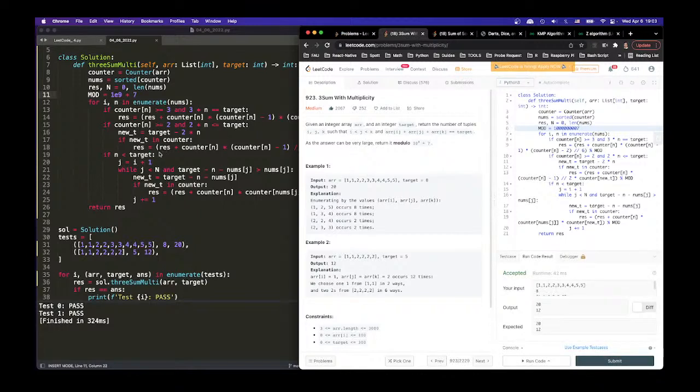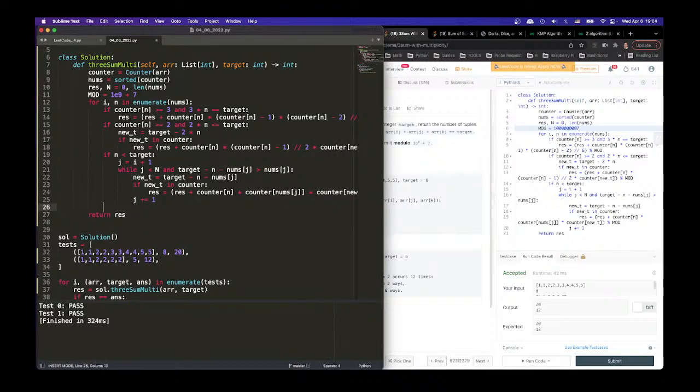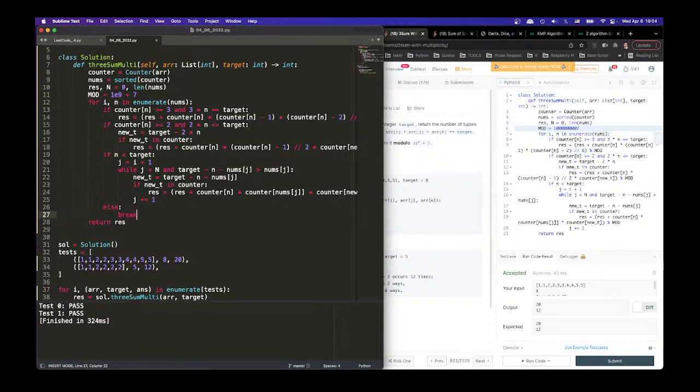I realize if n is larger than, then we can escape immediately. We don't have to keep going. We're gonna be like else we just break. Right? Because if n is larger than target, or larger or equal to target, that's just no go.